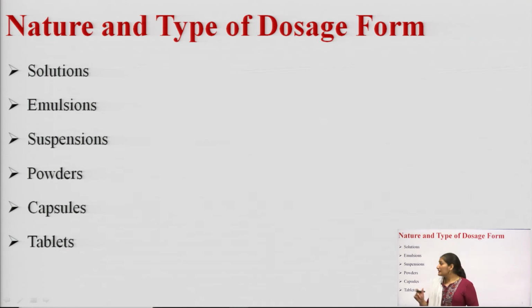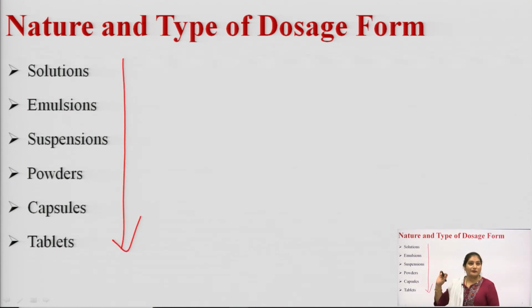So, this is the order of decreasing bioavailability in the dosage forms. Emulsion has less bioavailability as compared to the solution. Suspension has less bioavailability as compared to the emulsion. So, this is the range of decrease in bioavailability.